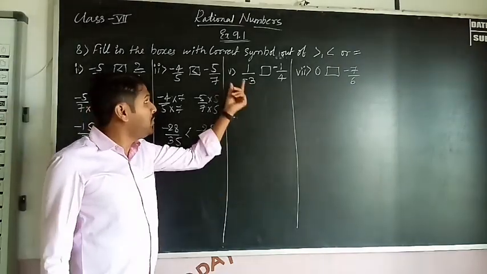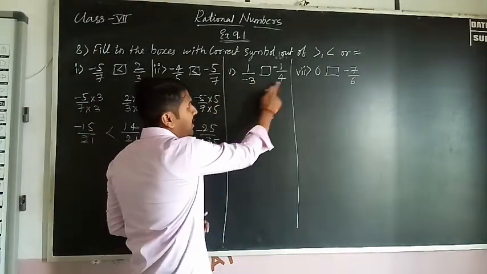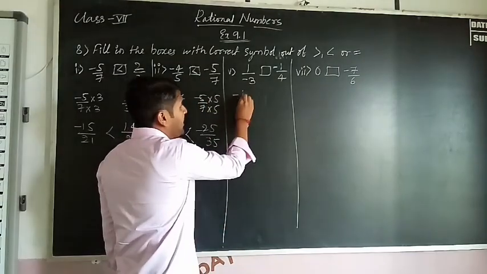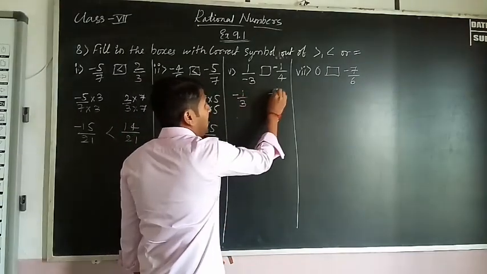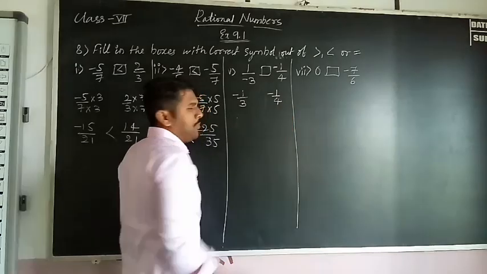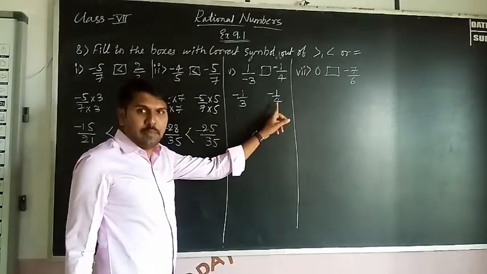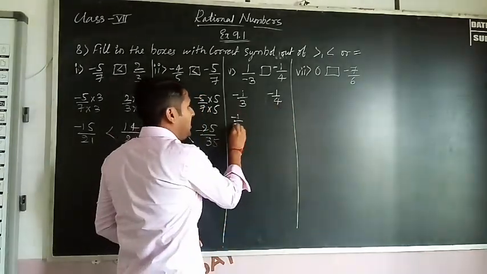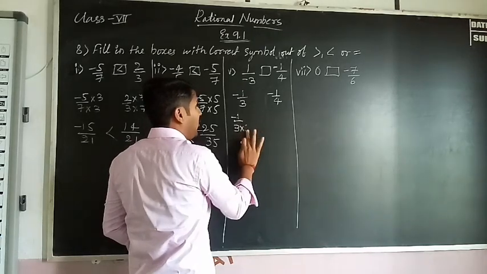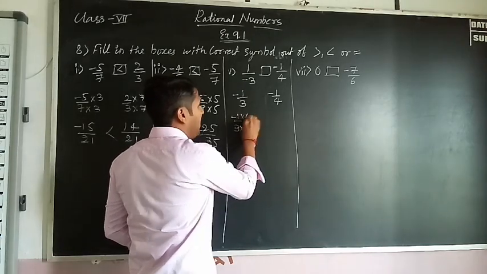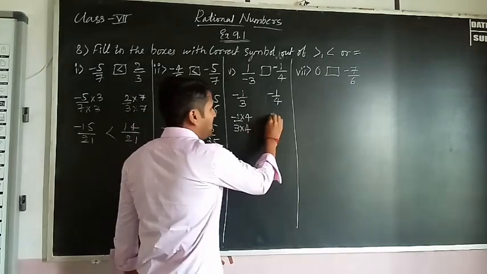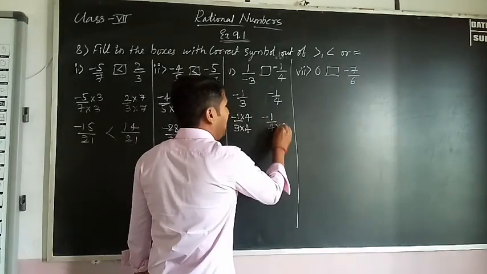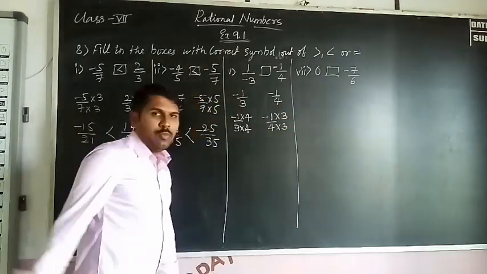Next, the fifth one. Minus 1 by 3 is there. Here 4 is there. So first write it as minus 1 by 3 and minus 1 by 4. Okay. Now here 3 and 4 are there. Multiply minus 1 by 3 by 4, and here also multiply by 3: minus 1 by 4 into 3. What will we get as the answer?